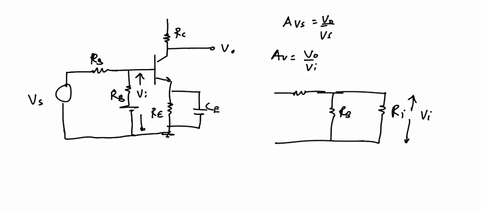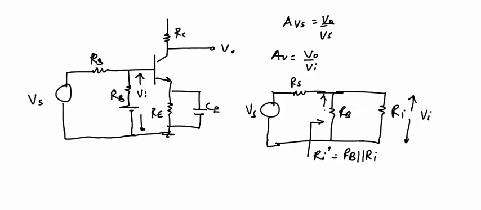This is the resistance Rb, this is the resistance Rs, and this is the source voltage Vs. Now from these two terminals we can see resistance Ri dash, which will be parallel combination of Rb and Ri. Same voltage Vi will be across this resistance also, because these two branches are in parallel.